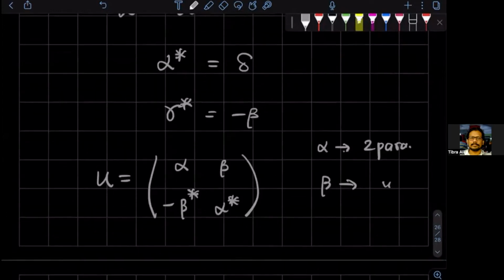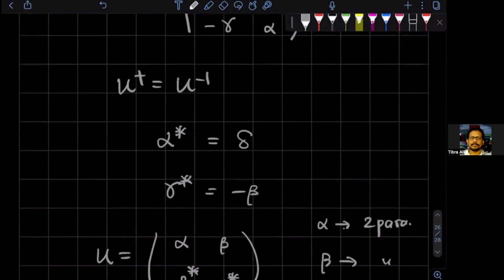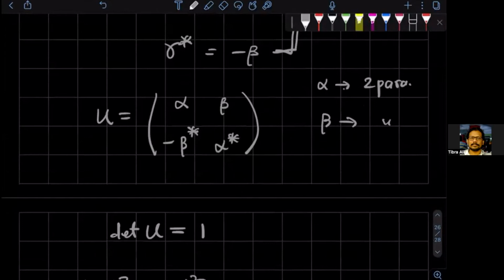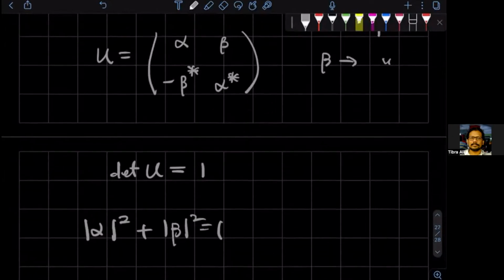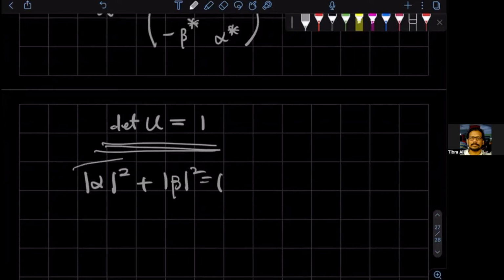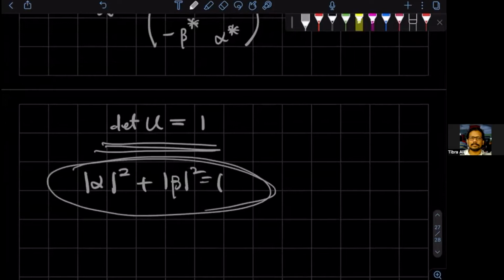So what we have done here is that we have used the fact that U inverse is U dagger to go down from 8 independent parameters to 4 independent parameters. And then we can impose one extra condition, and that extra condition can be written like this, right?